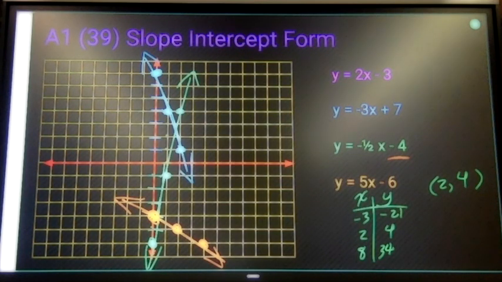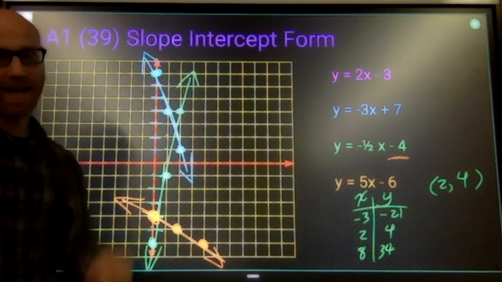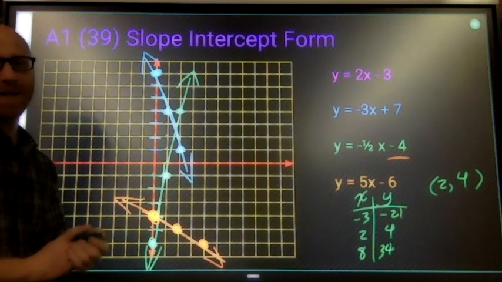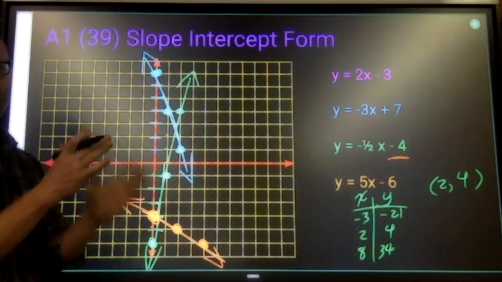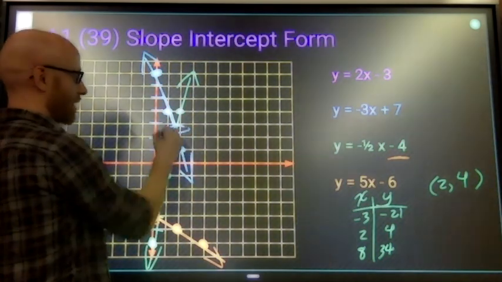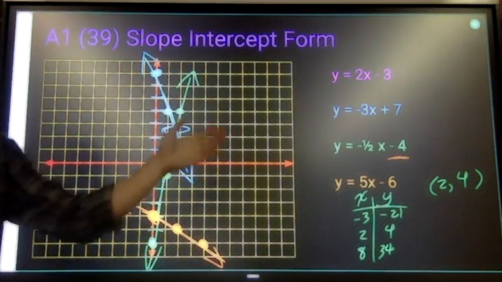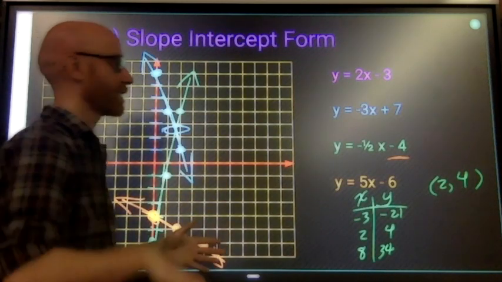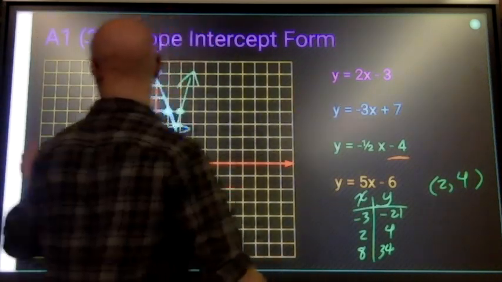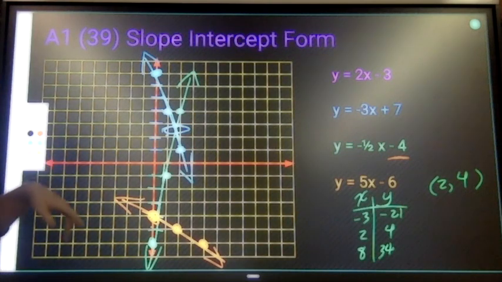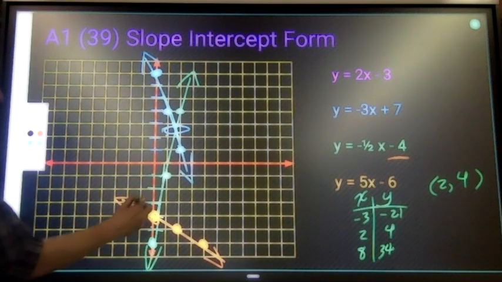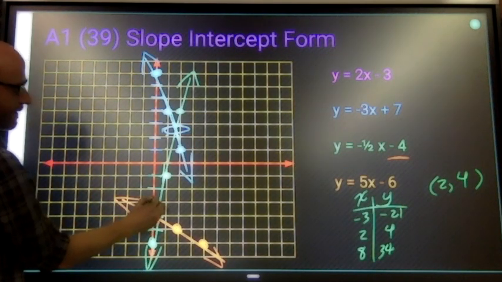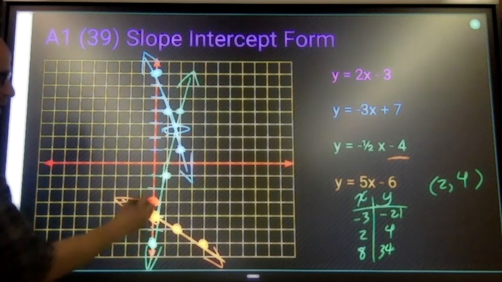All right, if you haven't passed skill 20 yet, where you got to graph linear equations on the same graph and find out where they cross each other, topic 39 might make 20 a piece of cake. I don't even have to necessarily make all the tables. Pink, where do I cross the axis? At -3. What's my slope?